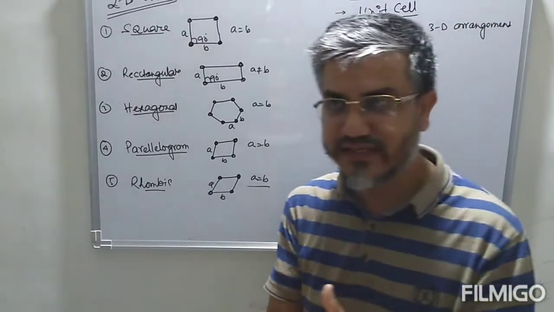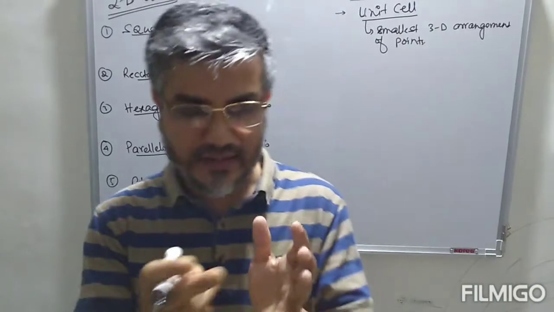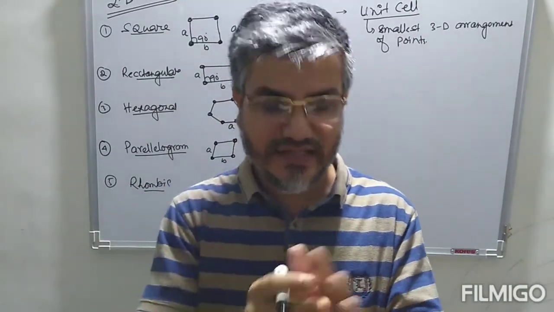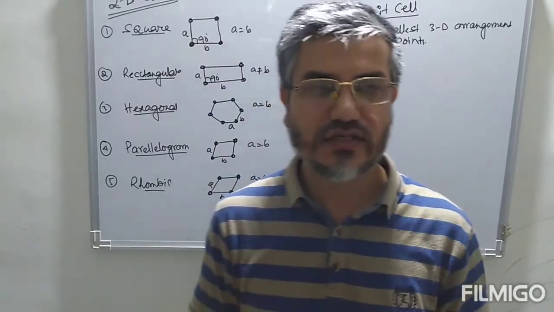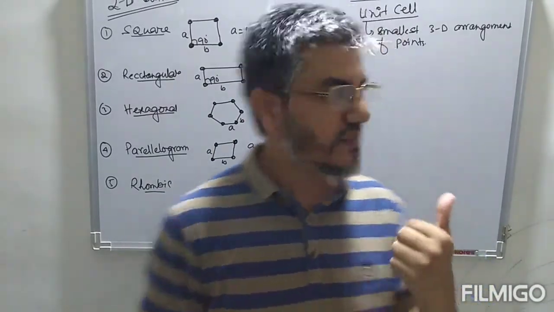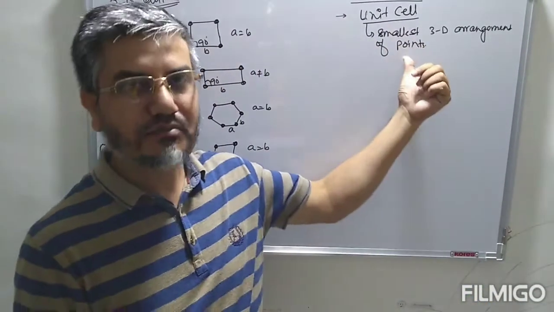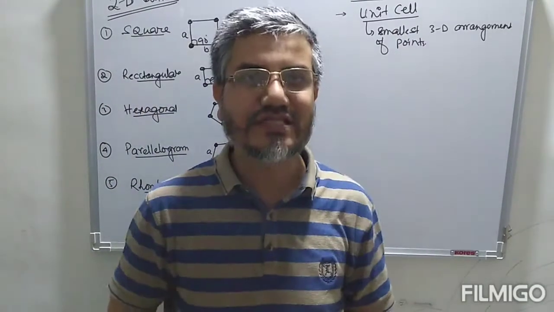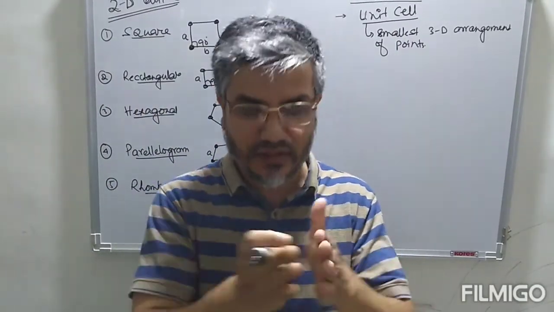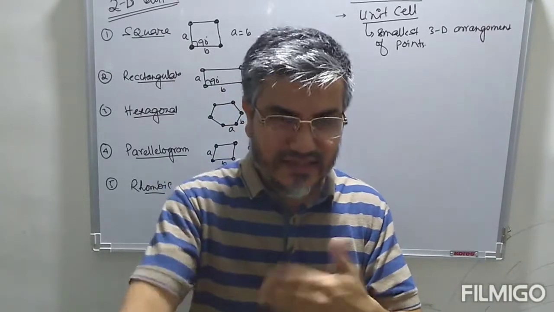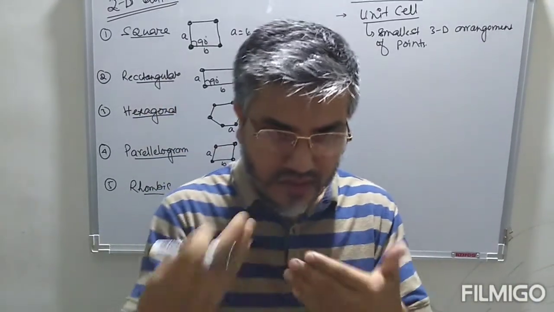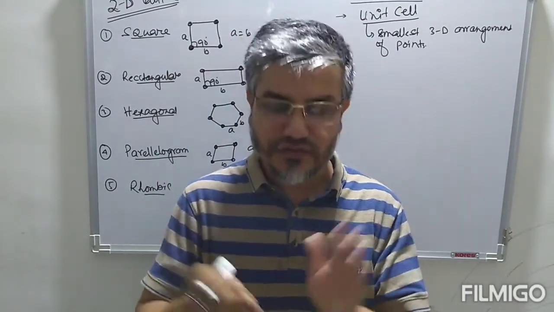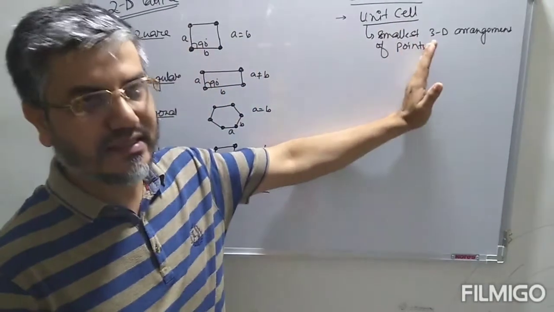So once we identify this unit cell, we can place these unit cells side by side throughout the length and breadth of the substance, and we can construct the crystal. So unit cell is not the crystal but a combination of unit cells, arranged in all possible directions. There is a regular repetitive arrangement of unit cell, and that gives rise to the crystal.